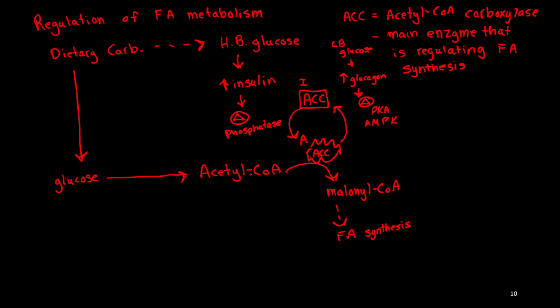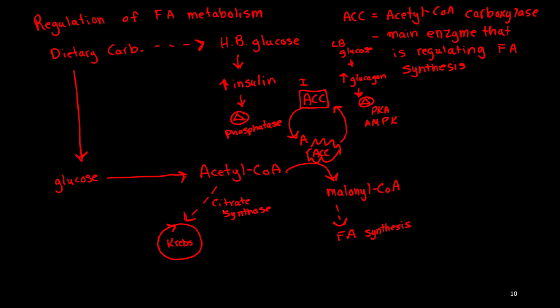So the acetyl-CoA here can really have two fates that depend on whether this ACC is active or if citrate synthase is active. What is citrate synthase? Yep, that's the first enzyme of the citric acid cycle.